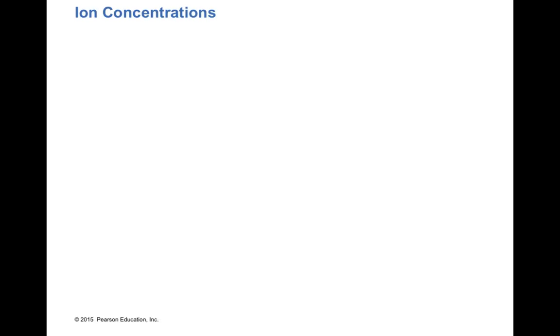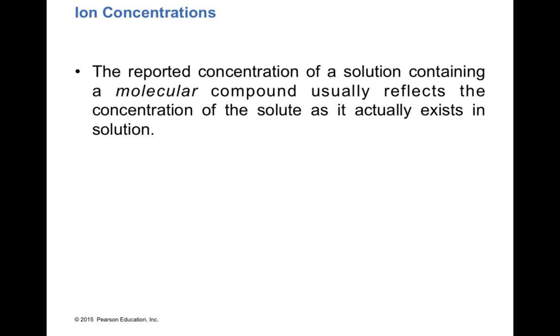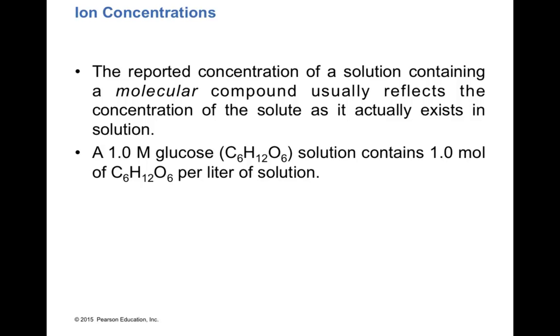Now let's talk about what happens when we have, instead of a molecular solution, an ionic solution. The reported concentration of a solution containing a molecular compound usually reflects the concentration of the solid as it actually exists in solution. So, for example, a 1 molar glucose solution contains 1 mole of glucose per liter of solution.